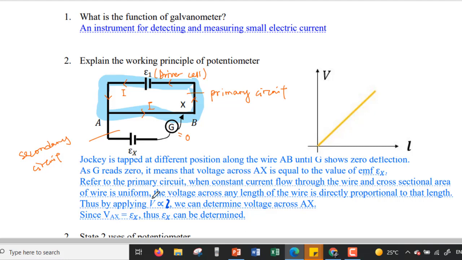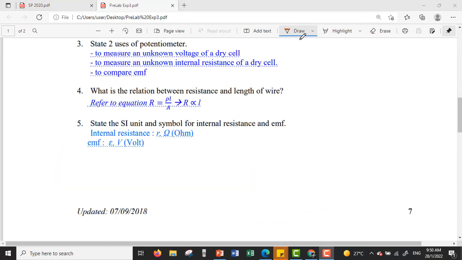From this concept, we can determine the voltage across AX. Since voltage AX equals E_X, in other words, we can determine the value of E_X. This is the basic working principle of a potentiometer.